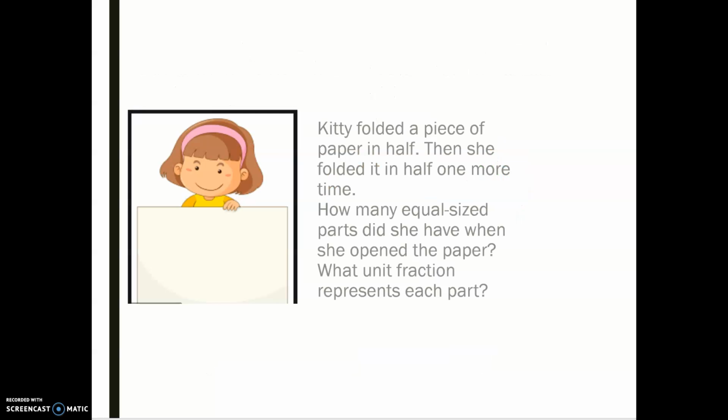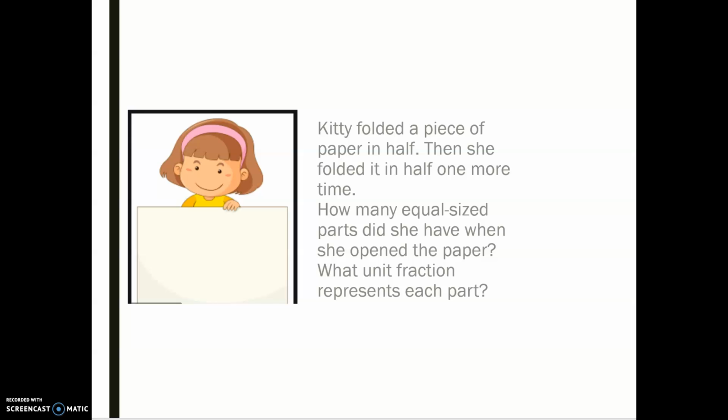A little girl named Kitty folds a piece of paper in half, and then she folds it in half one more time. How many equal sides did she have when she opened the paper? Okay, maybe you didn't need to write it down. That's kind of hard. Okay, so Kitty has a piece of paper, right? Then she folds it in half.